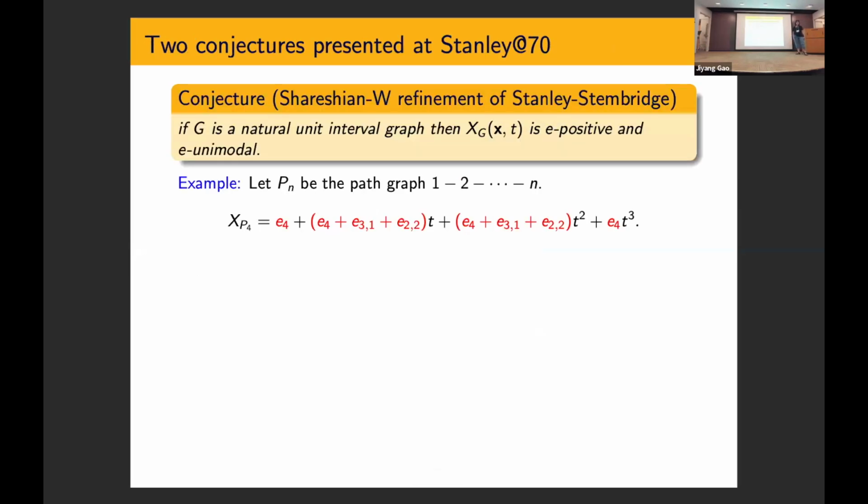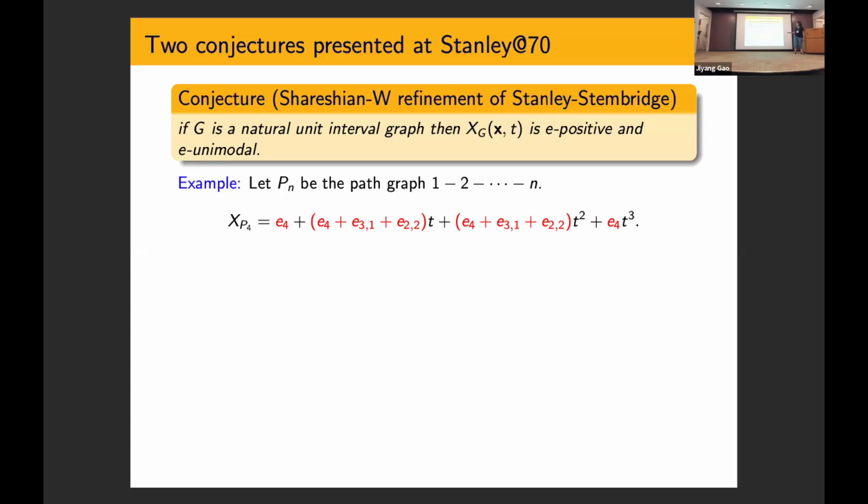So our refinement of the Stanley-Stembridge conjecture is that if you have a natural unit interval graph, then the coefficients are e-positive and also e-unimodal. So here's an example for the paths. And here are the coefficients.